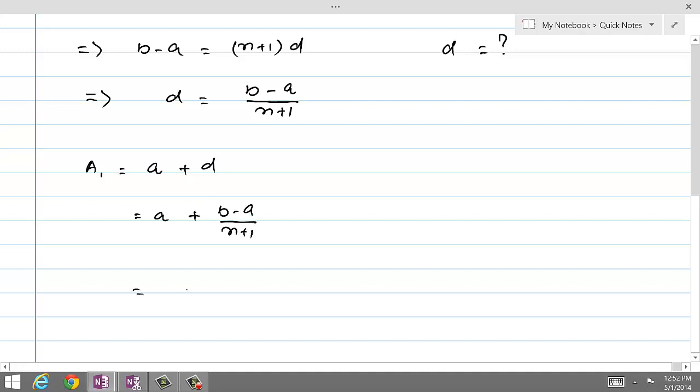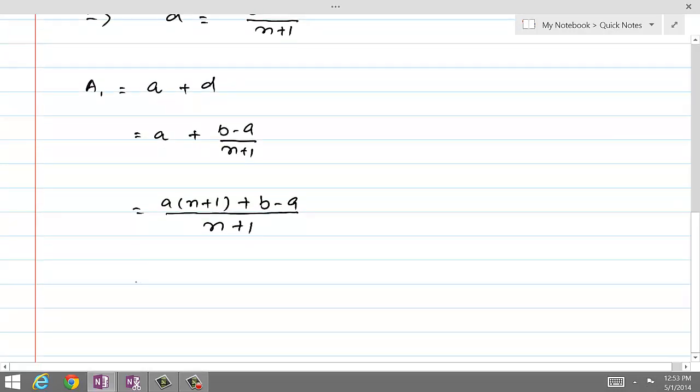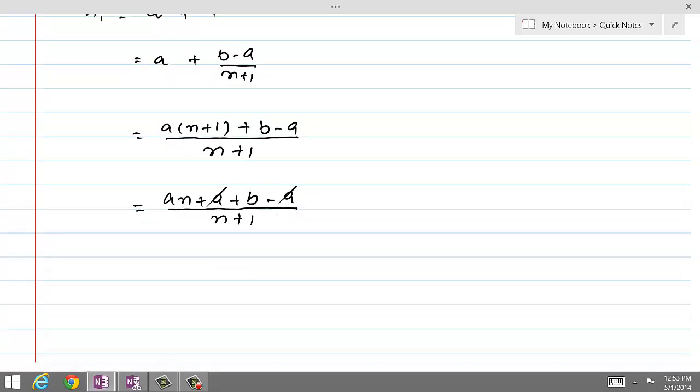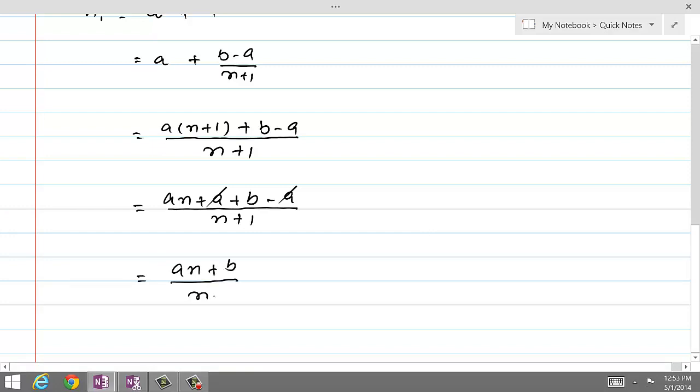If we take LCM, this would be a times n plus 1 plus b minus a over n plus 1, and upon simplification we'll have an plus a plus b minus a over n plus 1. We can cancel plus a with minus a, and that way we'll have an plus b over n plus 1. So that is the value of a1.